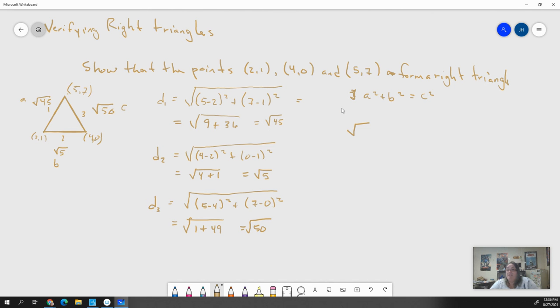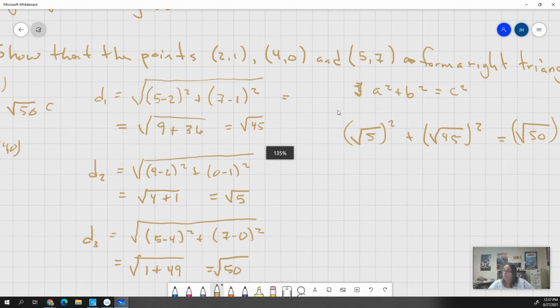And if this is true, we have a right triangle. So if I have the square root of 5 squared plus the square root of my next smallest one, 45, squared, equals the square root of 50 squared, then we have a right triangle. Well, if I square a square root, I'm just left with what's underneath it.